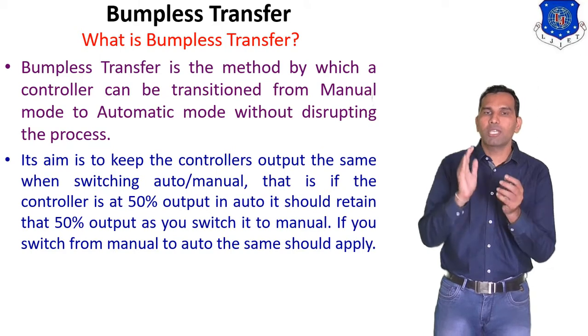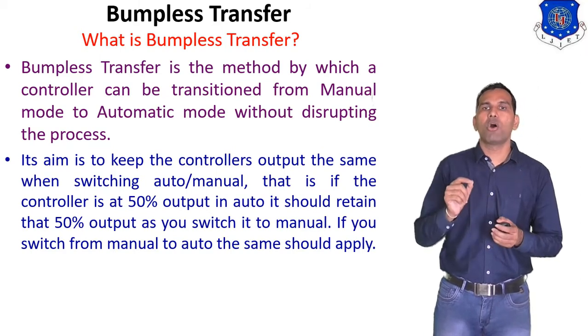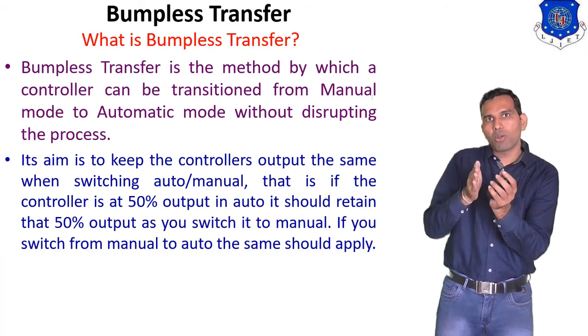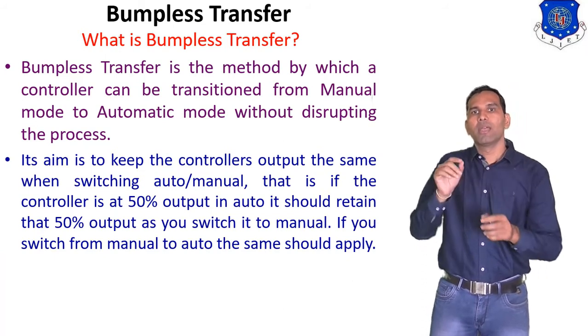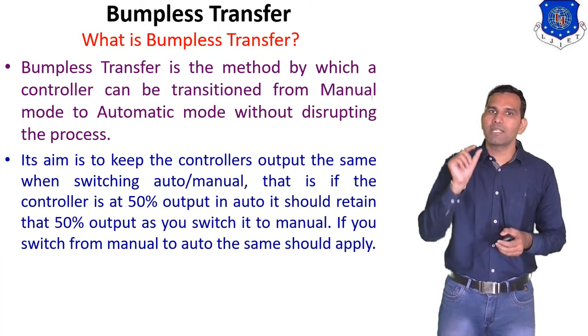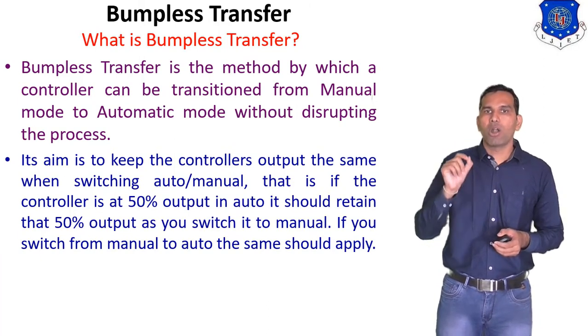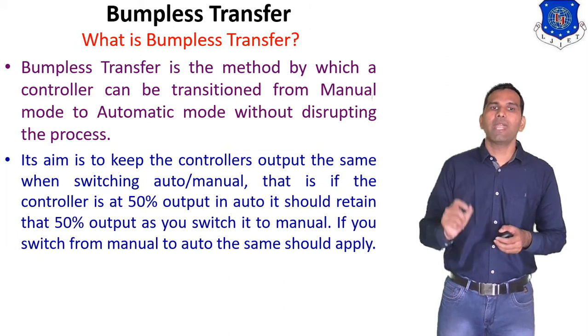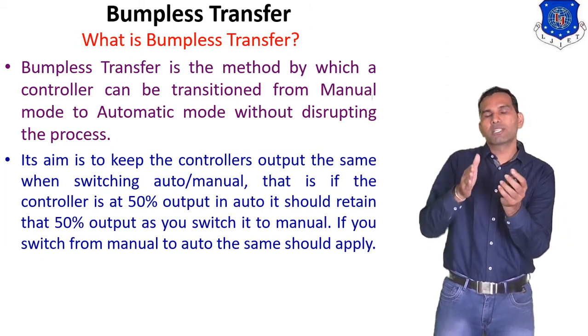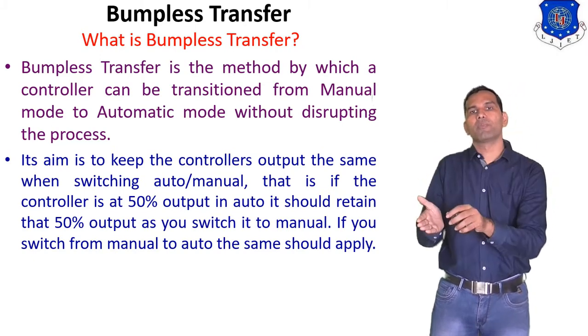Its aim is to keep the controller output the same when switching from automatic to manual. That is, if the controller is at 50% output in the automatic mode, it should retain that 50% output as you switch it to manual.